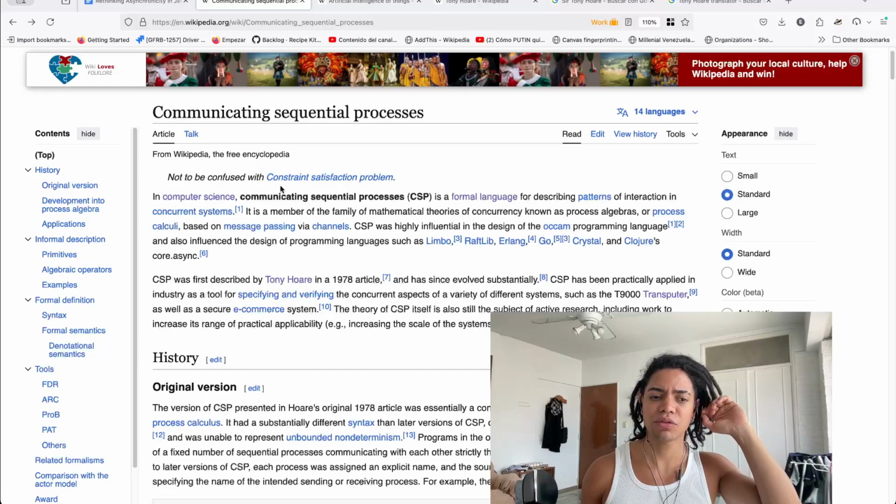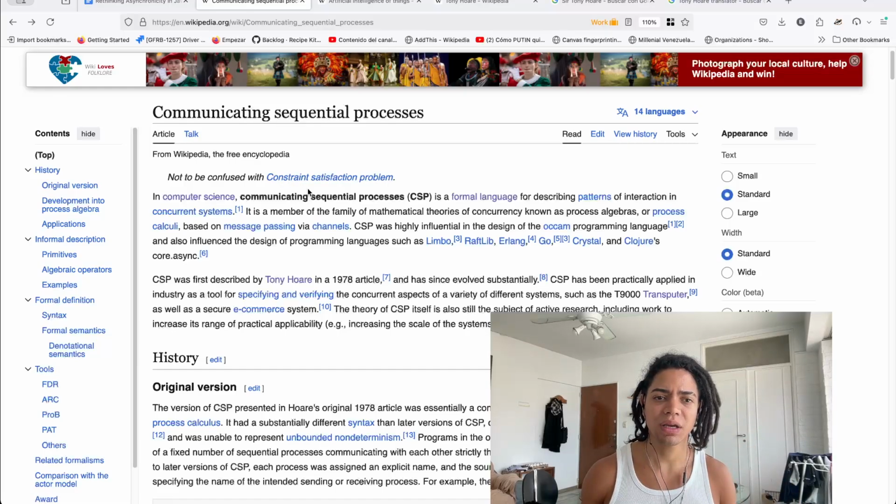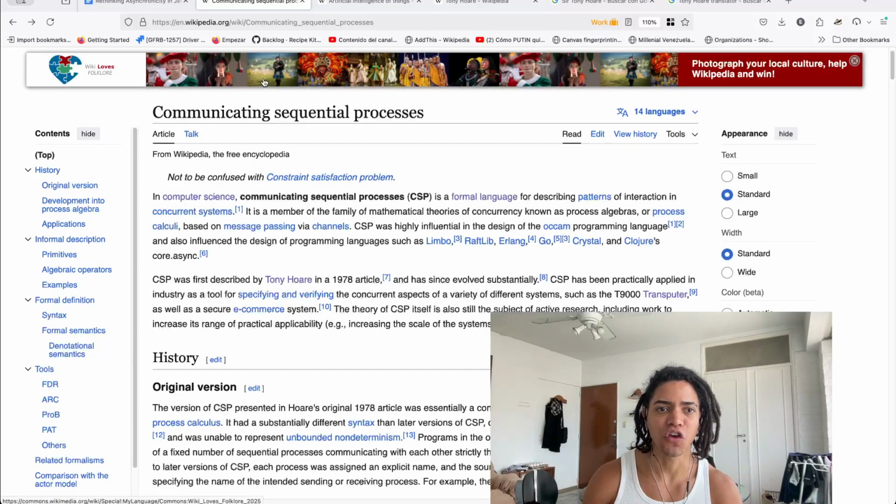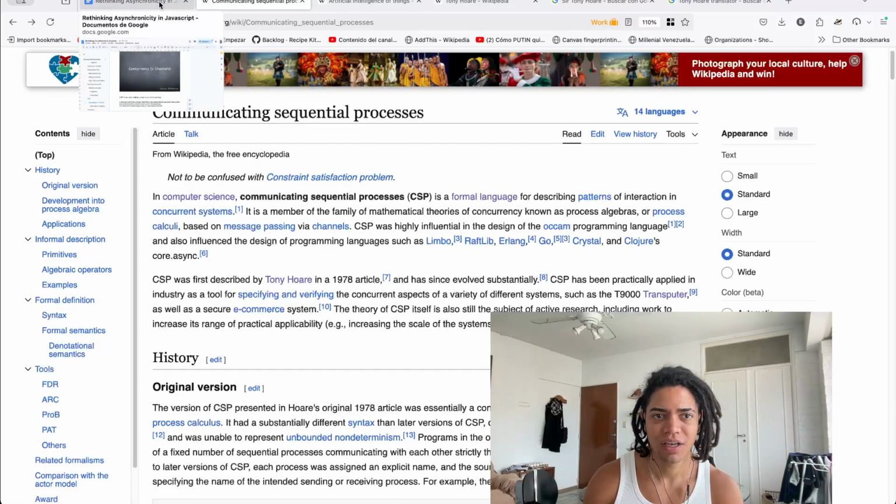It's a formal language exactly for describing patterns of interaction in concurrent systems.